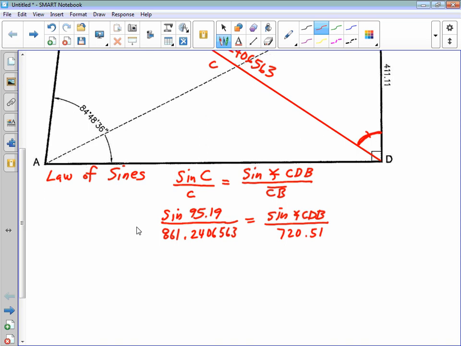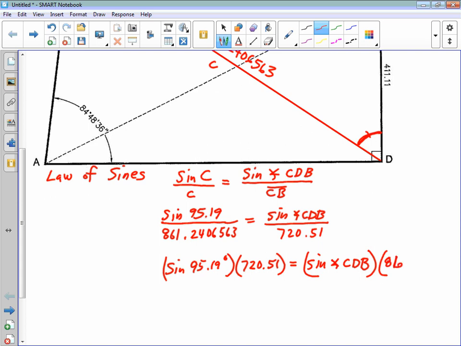And so we're going to go sine of 95.19 degrees times, I might put in that parentheses just to make it look easier, 720.51 feet equals the sine of angle CDB times 861.2406563. And you really don't have to write all that because, again, use second answer in your calculator as often as you can.